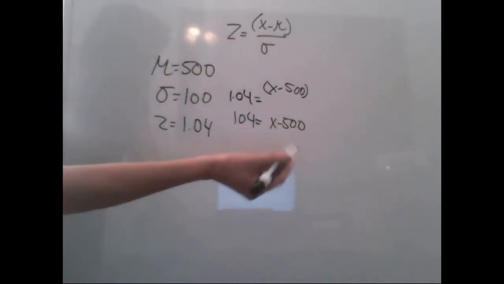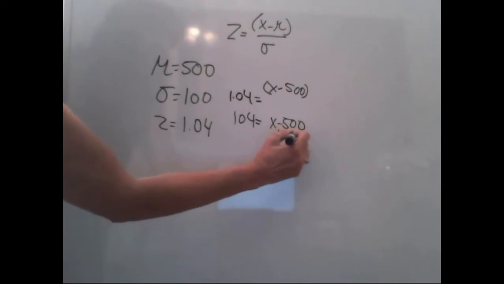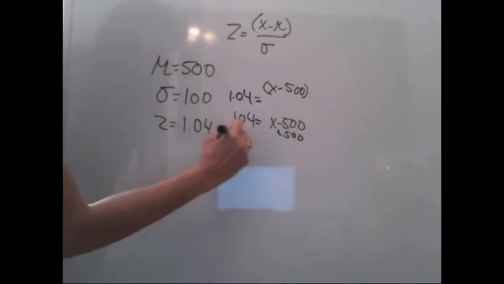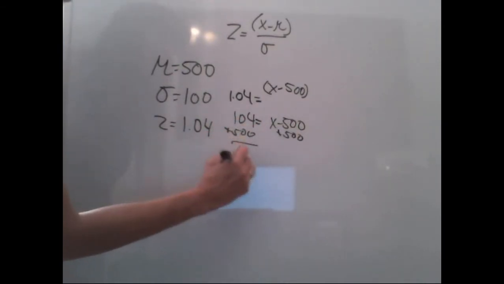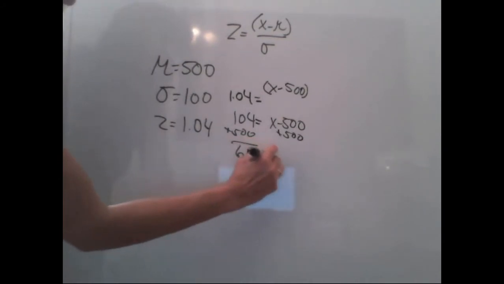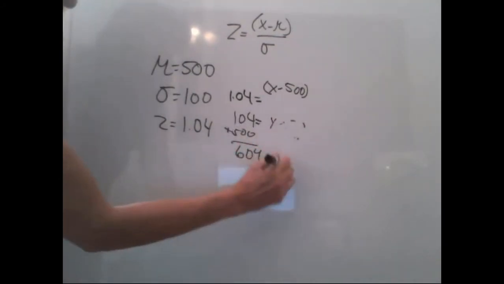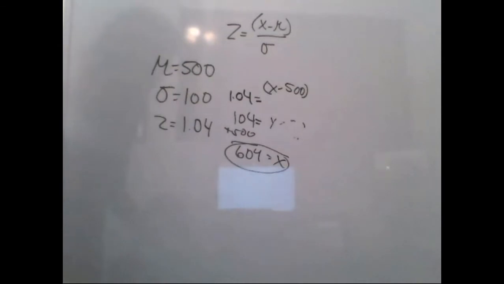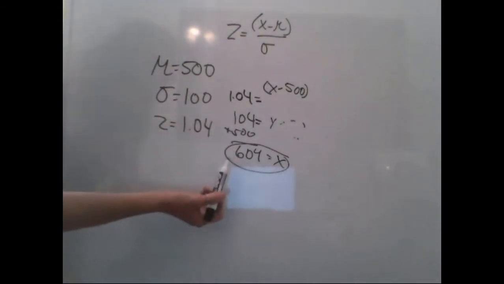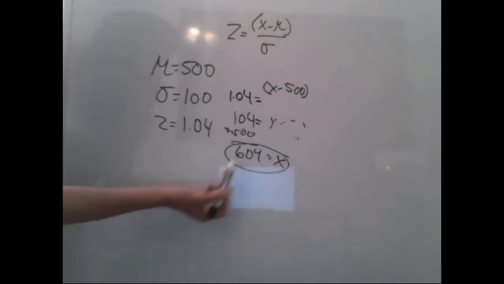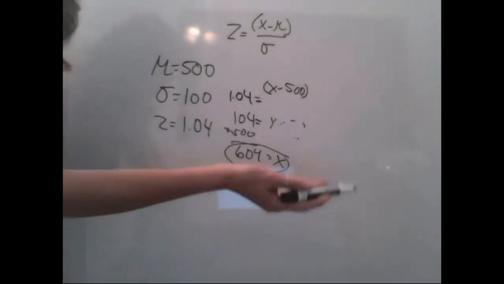I still need to get x by itself, so I'm going to add 500 to each side. So now I have a total of 604 is equal to x. So my x score is 604. The score that is needed to score in the top 15% is 604 or above.